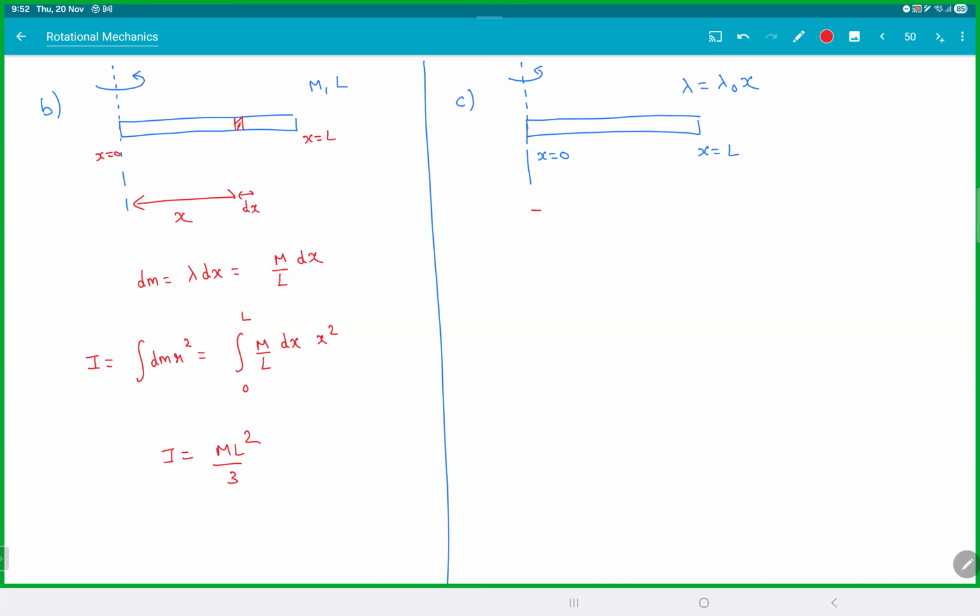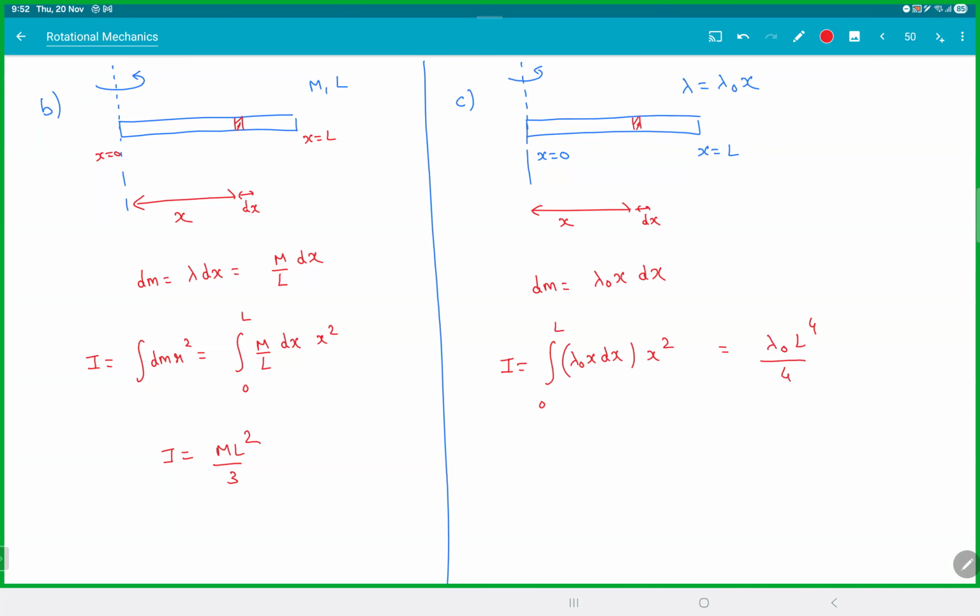Here, again, same stuff. That's what I'm saying. Once you know how to take the element, everything is just repetitive motion. dm will be lambda naught x dx. So moment of inertia will be lambda naught x dx, that's your dm, into x square, 0 to L. That will be lambda naught L power 4 by 4.